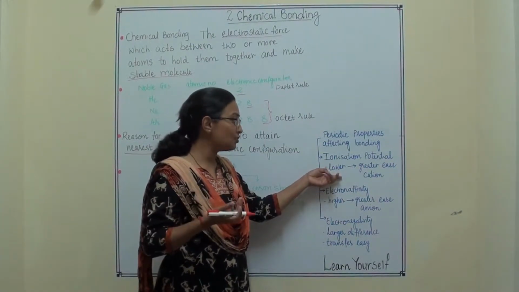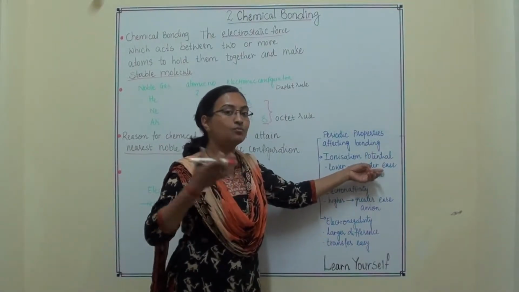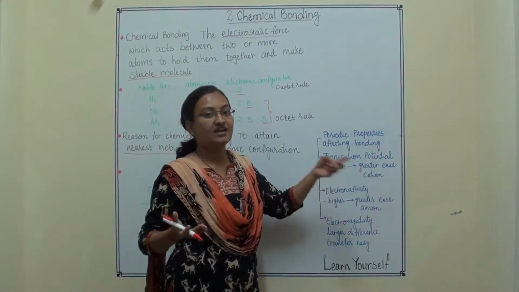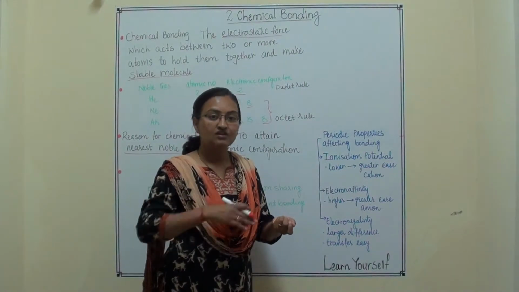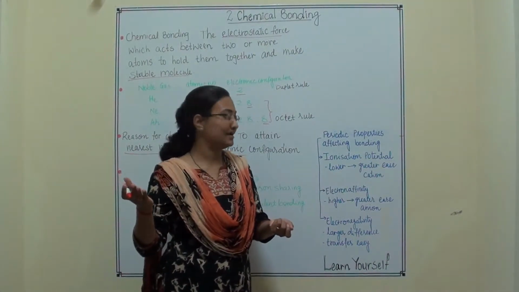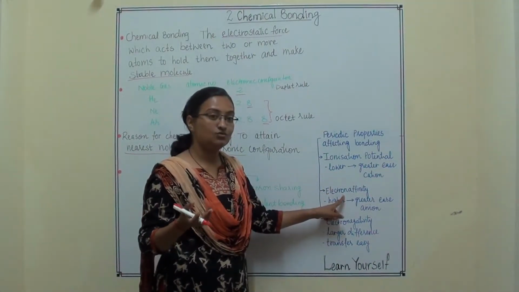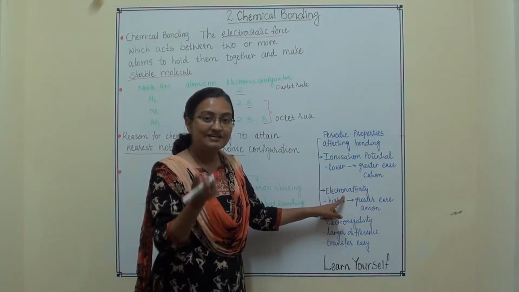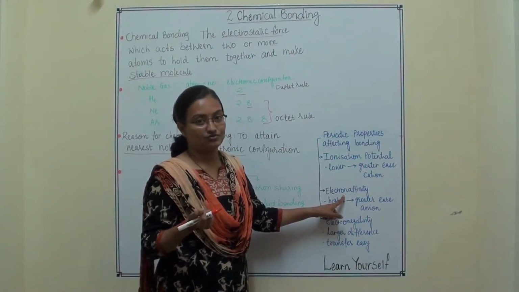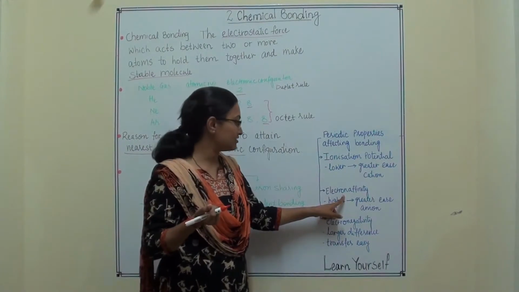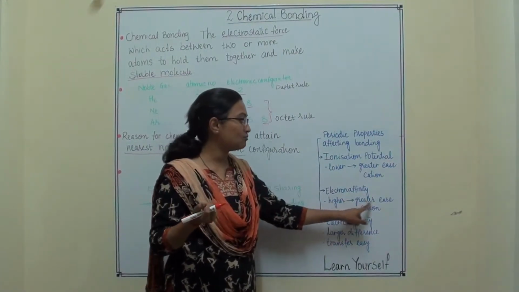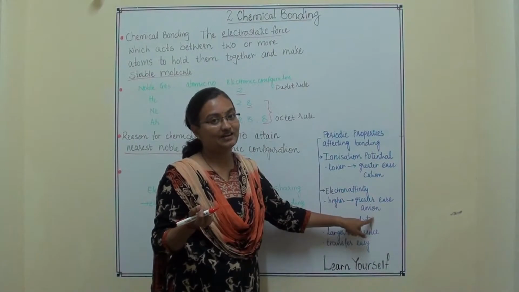So as it is lower, there is a greater possibility of forming a cation. As the energy is low, there is more possibility of forming a cation. Electron affinity. What is electron affinity? The tendency to acquire an electron, the tendency to attract an electron. As it is higher, there is more possibility of forming an anion.